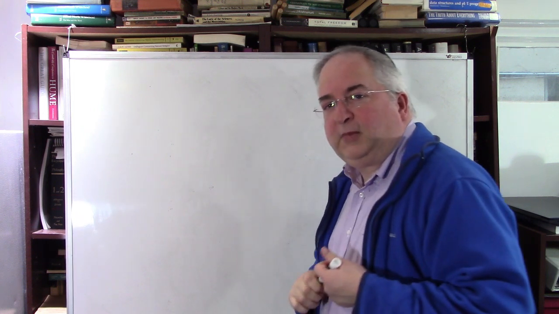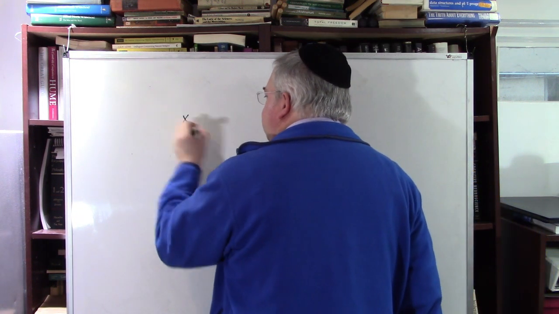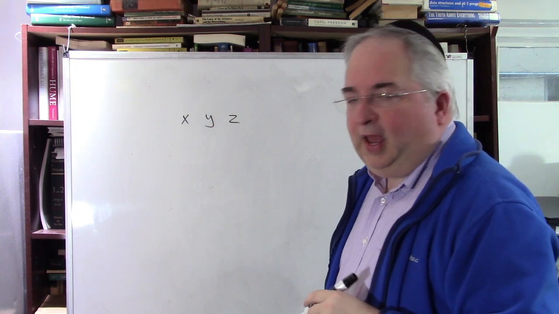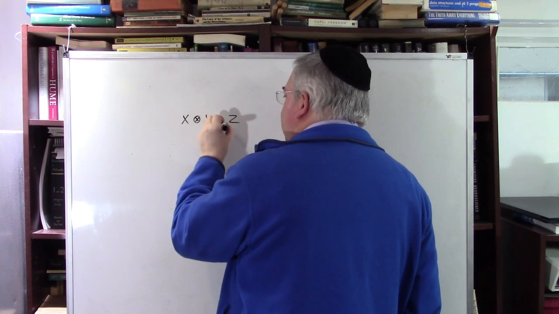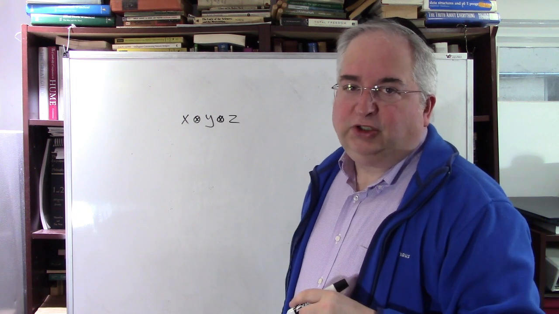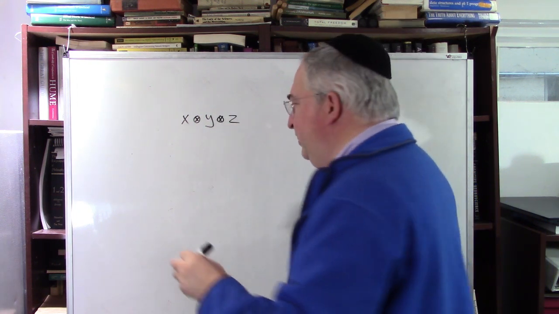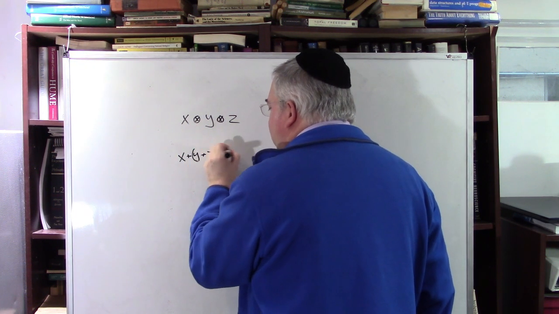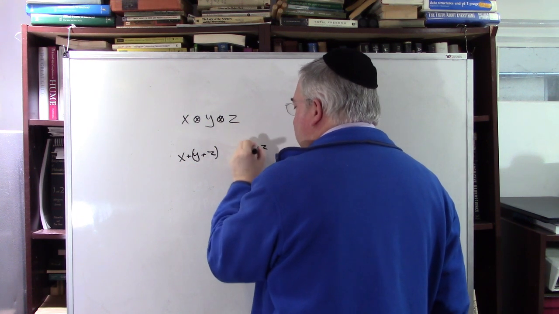So let's go back and talk about regular numbers. We could talk about x and y and z, and different operations on the numbers. For example, x tensor y tensor z. It depends what operation you're doing. If you're adding numbers, then x plus y plus z doesn't matter how you parenthesize them.